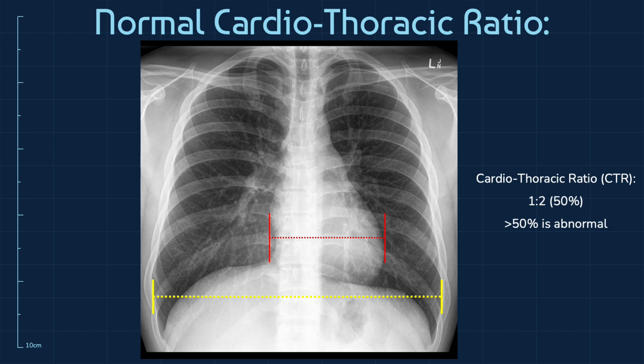And as long as your cardiac borders equal to half or less than half the thoracic borders, then you have a normally sized heart. And once it's greater than half, then you can determine that this heart is an enlarged heart, and you need to spend more time finding out why it is enlarged. Is it cardiomegaly, or is there a cardiac effusion, and so on.